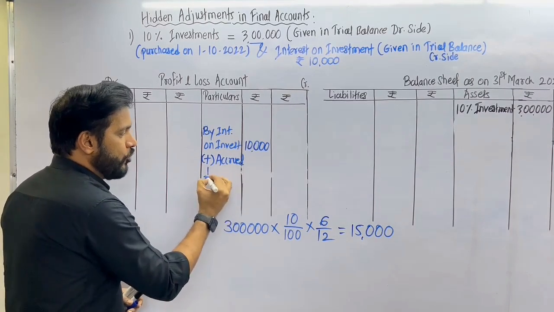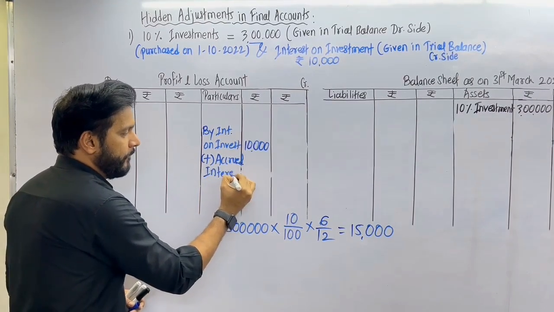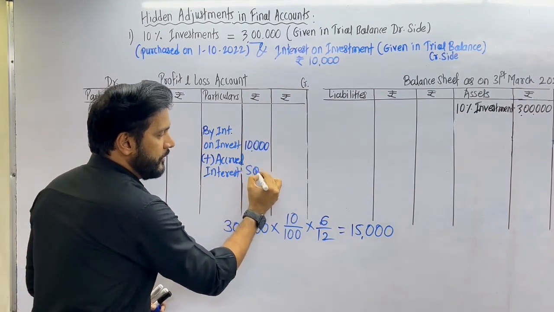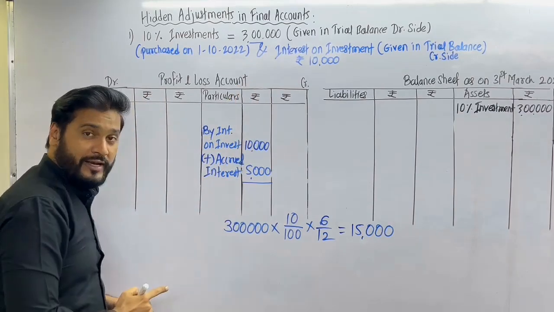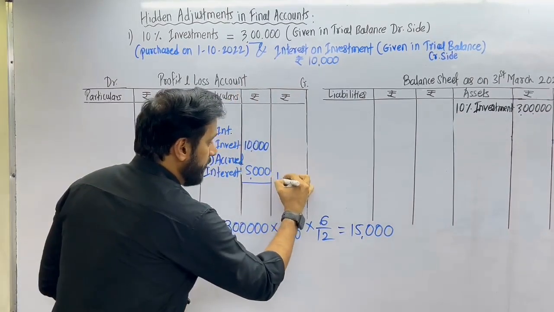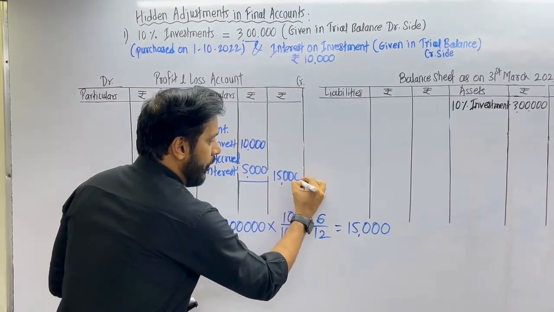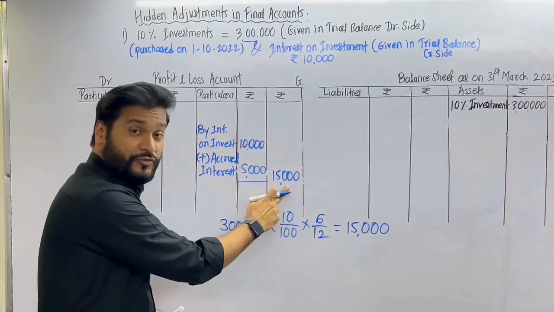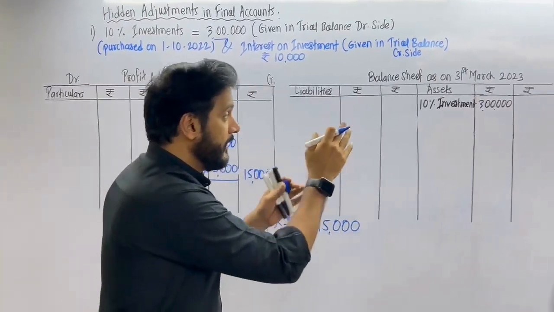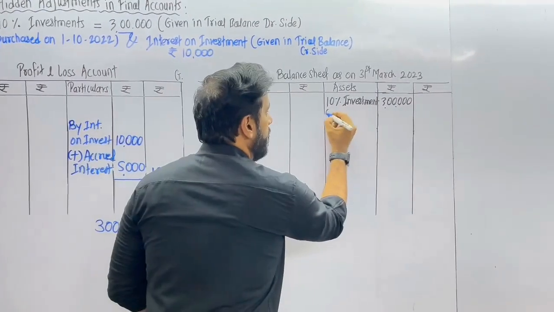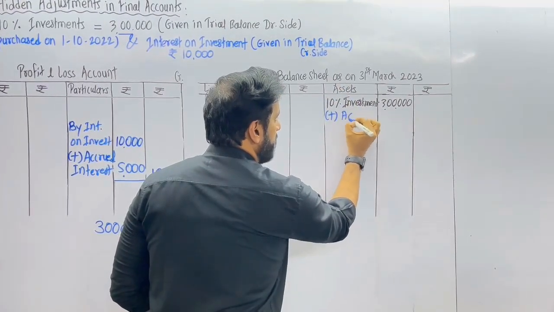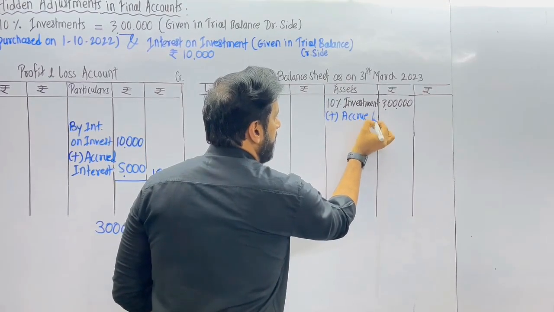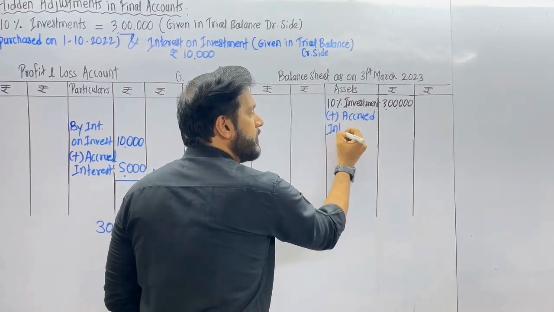So accrued interest of rupees 5,000 will be shown in the profit and loss account on the credit side. Total this, write on the outer column as 15,000. Then second effect, come to the asset side, 10% investment, and just write the accrued interest.